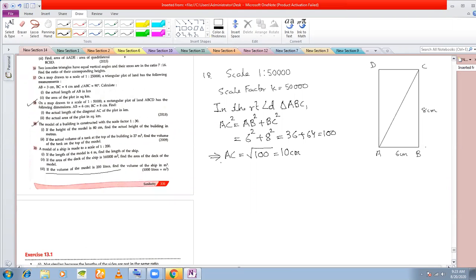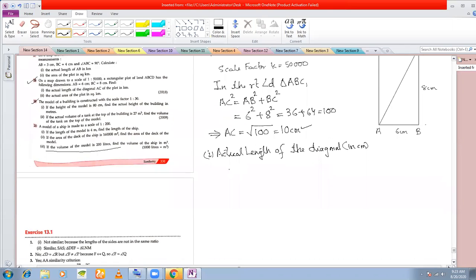Now the question is to find the actual length of the diagonal. What is the actual length of the diagonal in centimeters, because this is in centimeters? The actual length is the scale factor K into the length in the model or the length in the map.